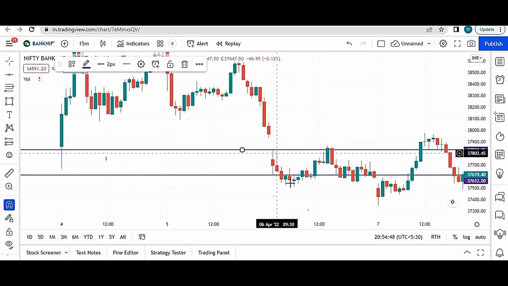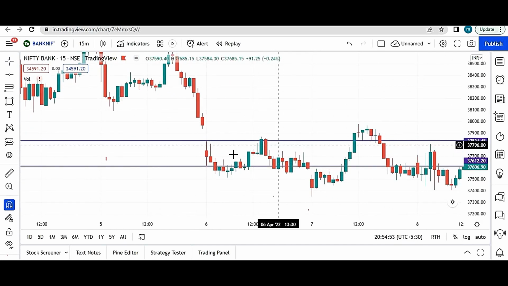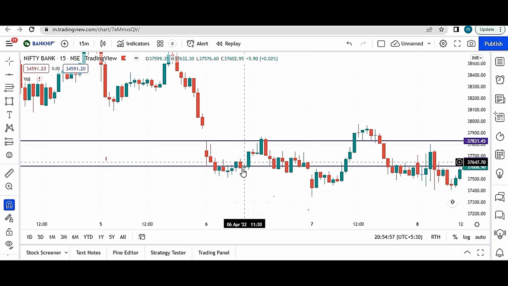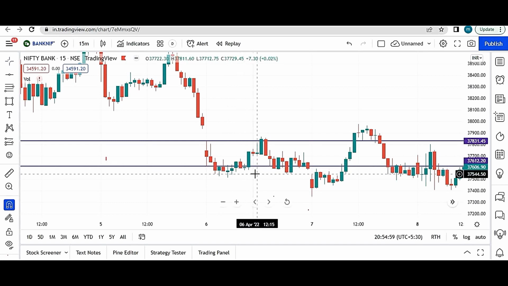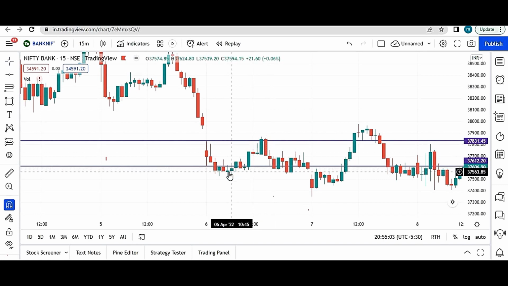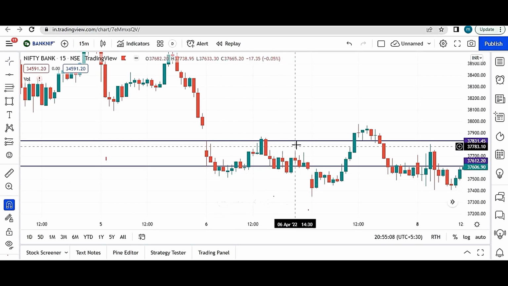Not very big. If you didn't exit here, it may take your stop loss by reversing. Sometimes it happens. This is not a reverse bar, inside bar.